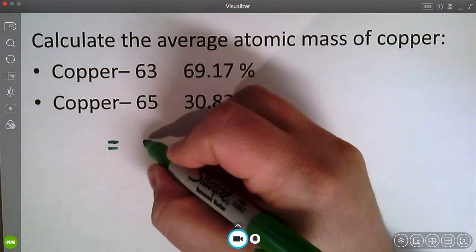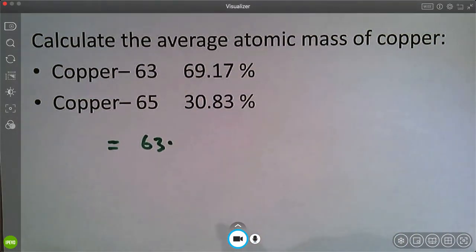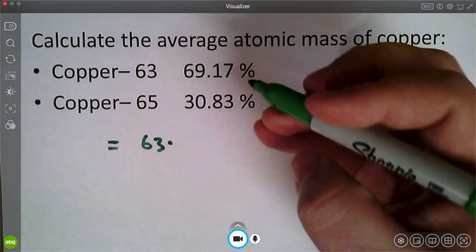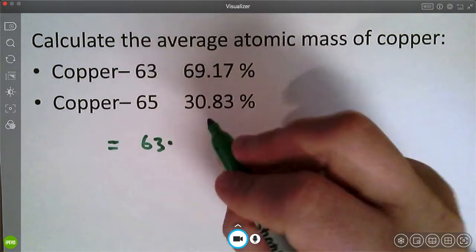So start off with 63 times its percentage, 69.17%. Now, remember that percentages, when you're multiplying by them, you should divide by 100.